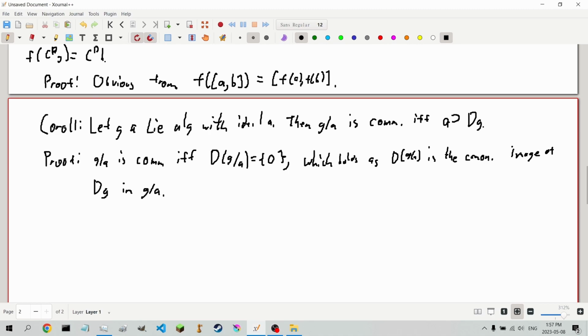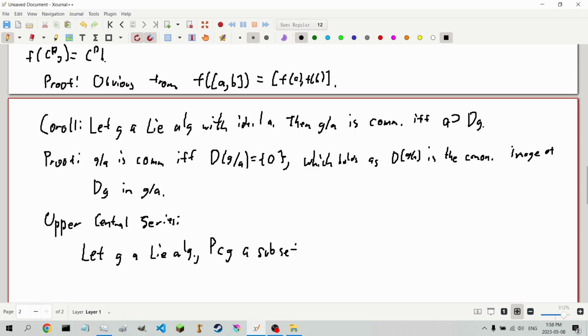Now finally we're left with the upper central series, which is a bit of a messier definition, but still important. Let G be a Lie algebra, and P a subset of G, with no guaranteed structure.